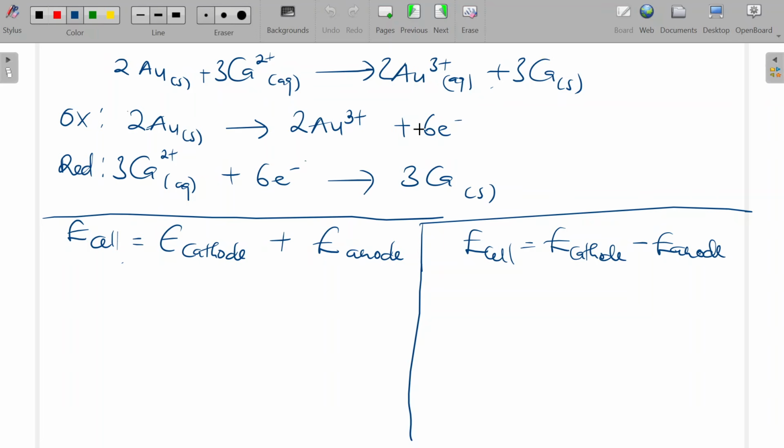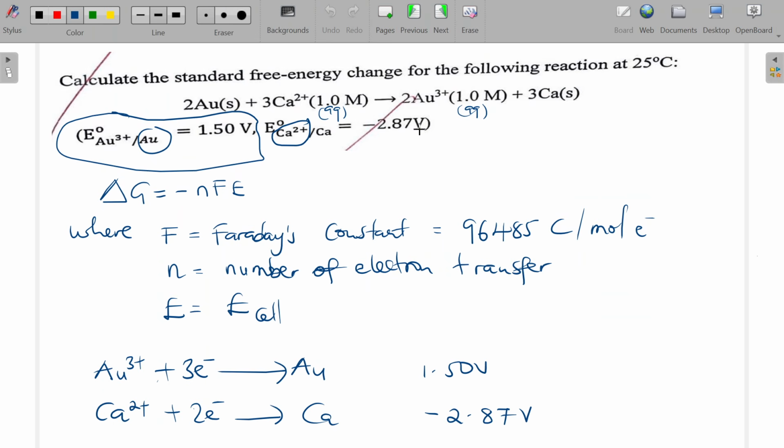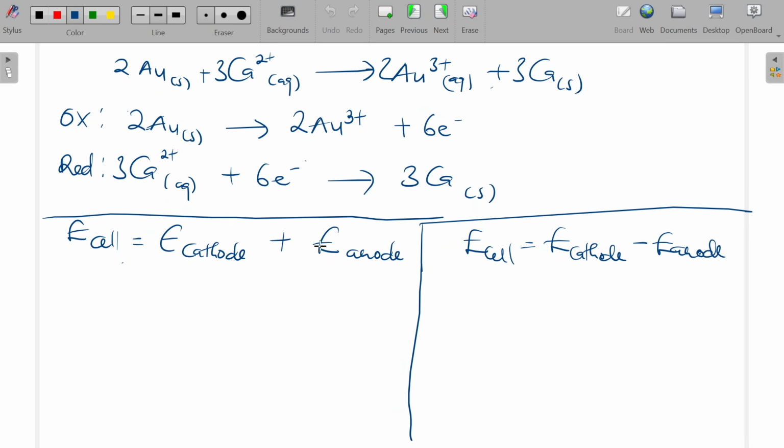Yes. If we were not given this expression to show us how the reaction is happening, what we would have done is change the smallest, which is this one, the calcium, to become an oxidation reaction. But what we are seeing here is that they've already told us which one is undergoing oxidation from the equation.